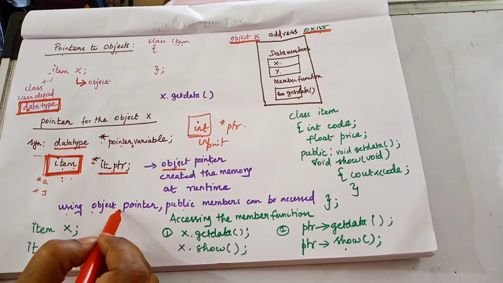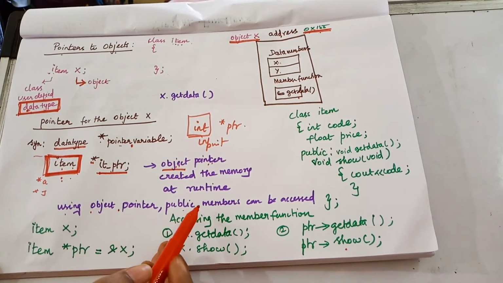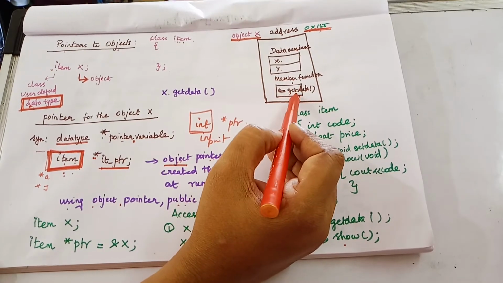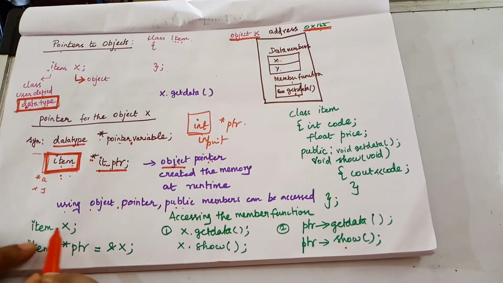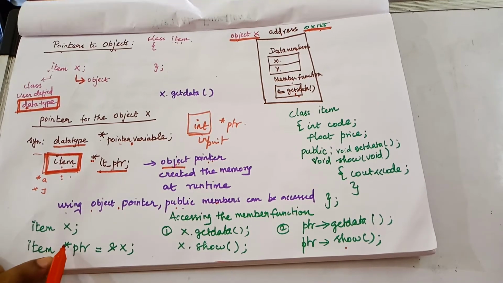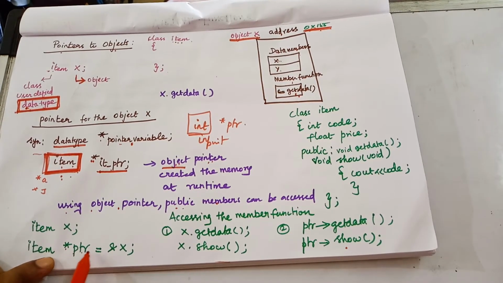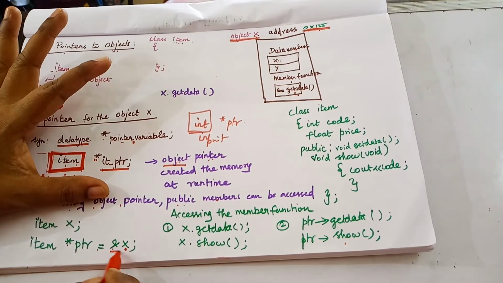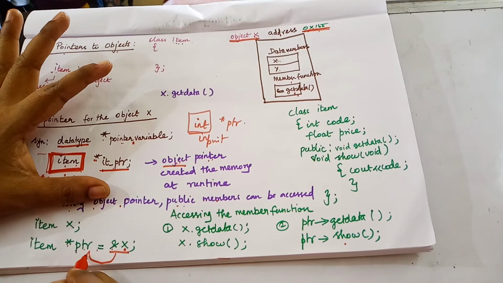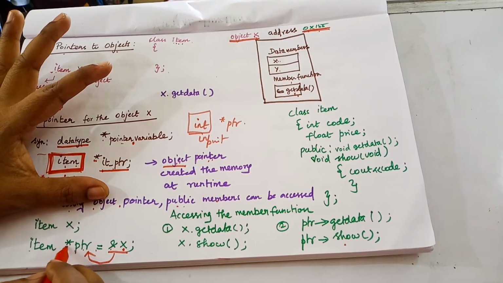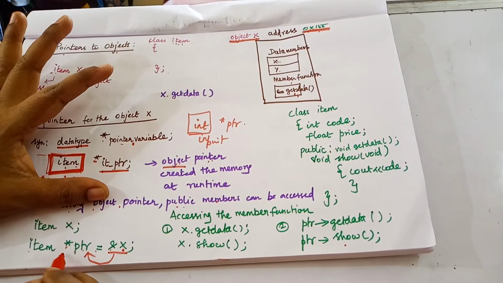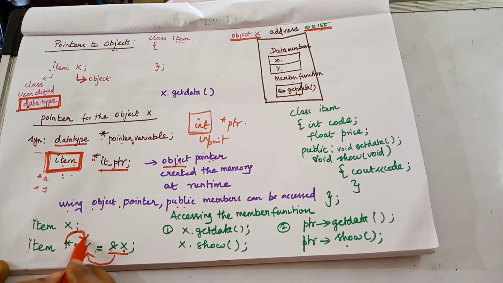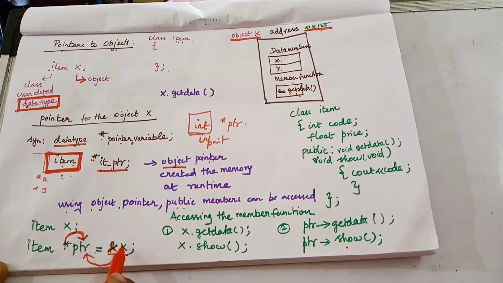So using an object pointer, public members can be accessed. Through these pointers, you can access your member functions. Public members means member functions you can create. So item x, item dereference operator PTR is equal to address of x. Normally you are allocating the address to this pointer. So item dereference operator PTR takes the value from this address, and this is the object.